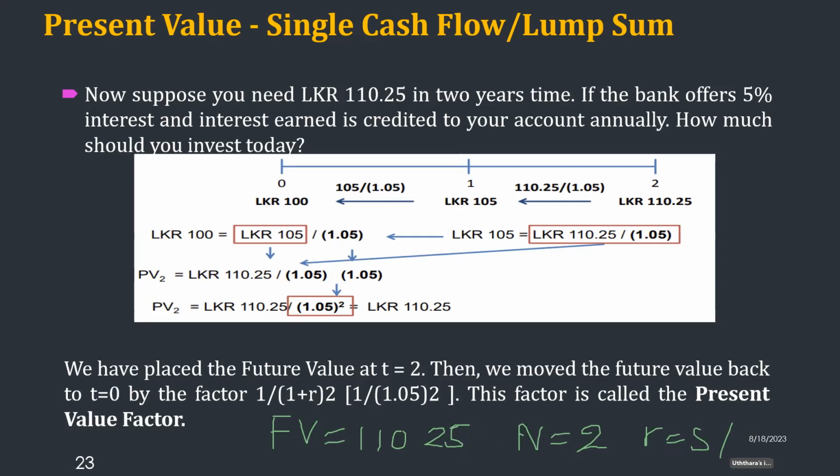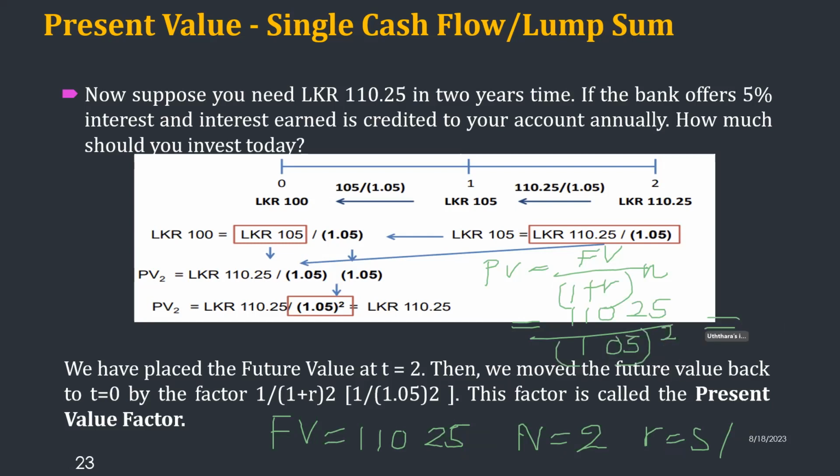If you need to find the value that you need to invest today, present value equals future value divided by (1 plus r) to the power n. Future value is 110.25 divided by 1.05 to the power 2.